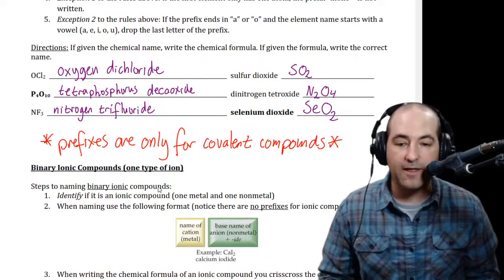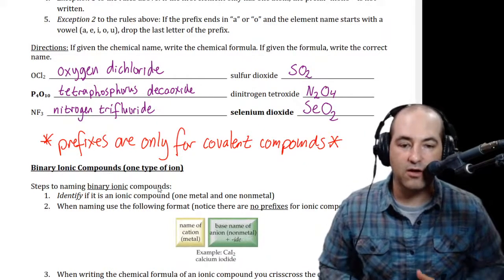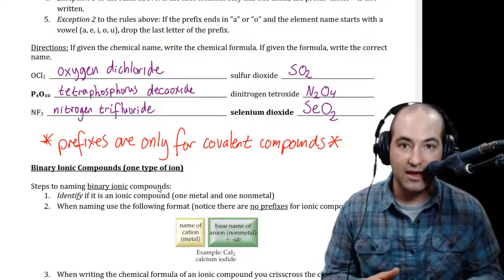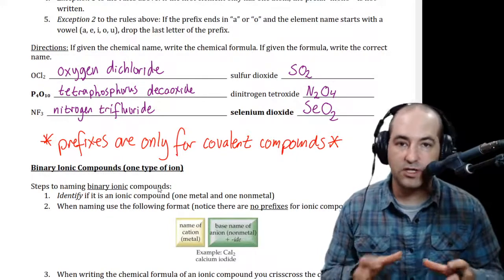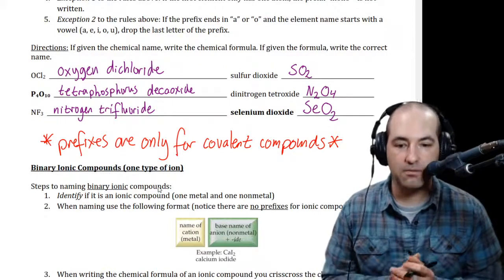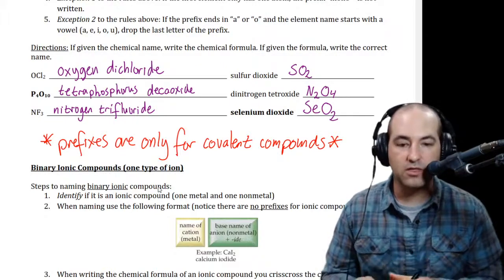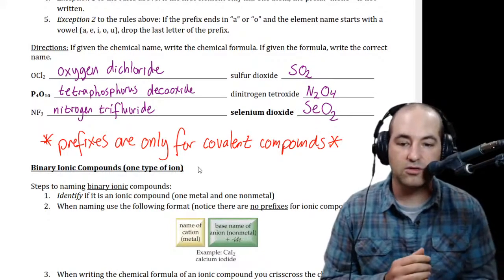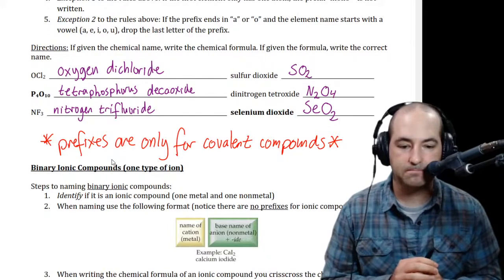So that's why it's important to first categorize the compound as either ionic or covalent, and then deal with the naming, because which category that goes in is going to change the rules you use to do the naming. And only if it goes into that covalent category are you allowed to use these prefixes.